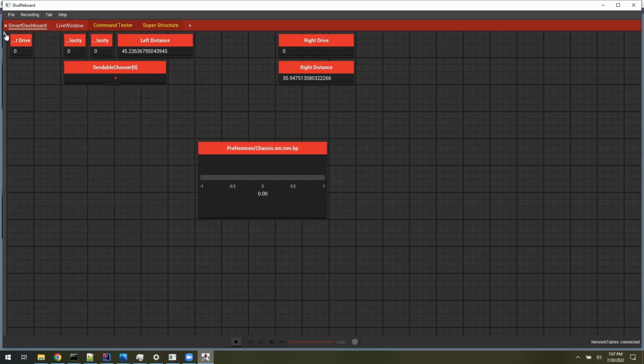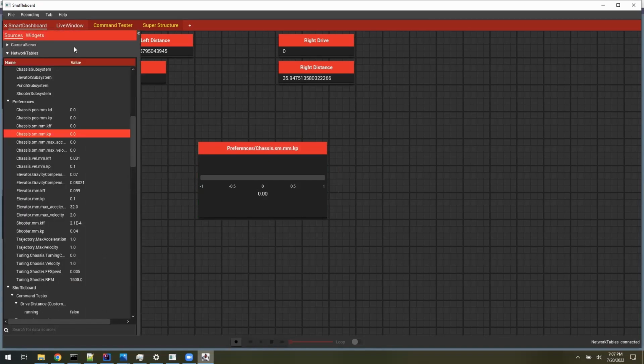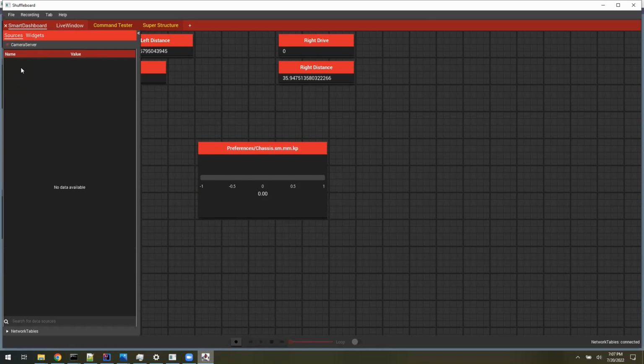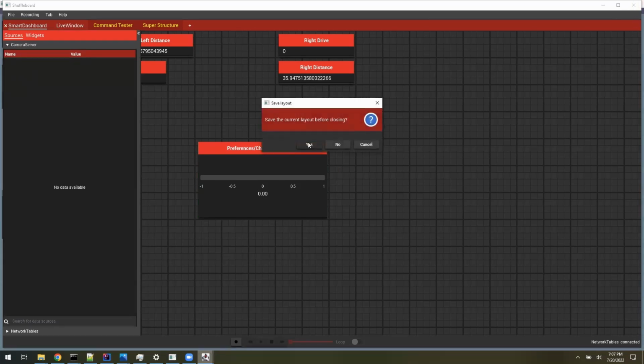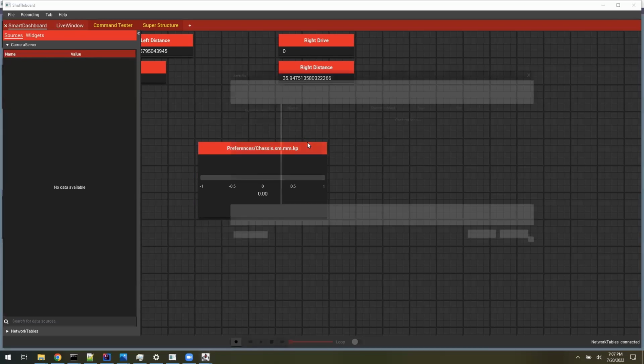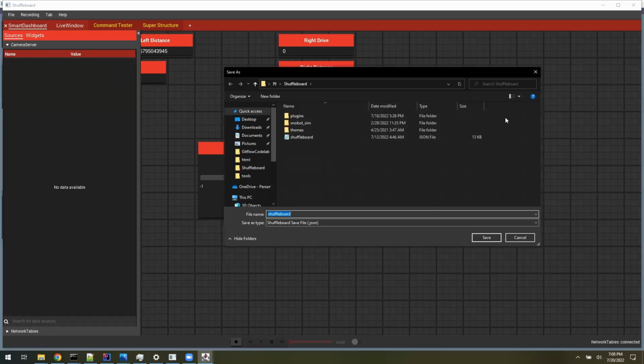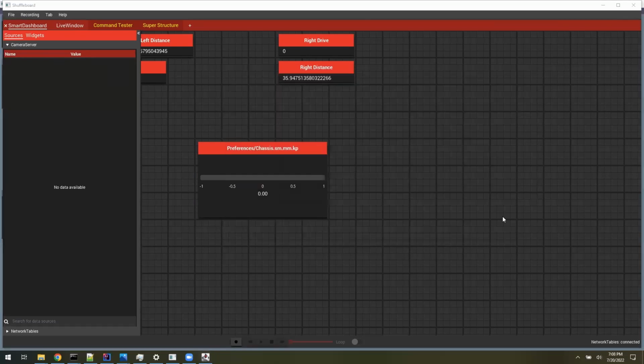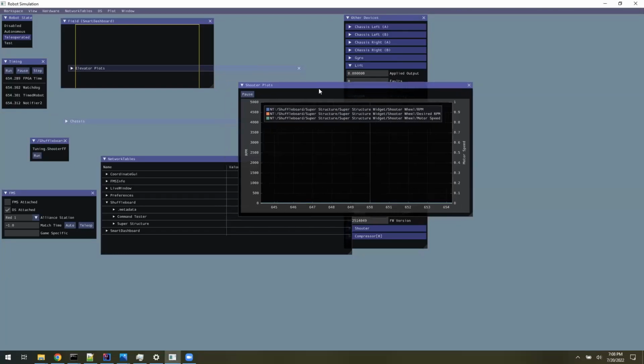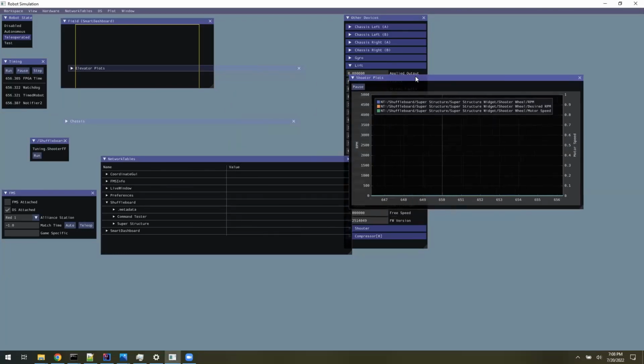So long story short, Shuffleboard's super handy. And Shuffleboard can display camera feeds. So if I had a camera hooked up, like a Limelight, I can drag my Limelight over here and now I've got a camera feed. It's very resource heavy, so I'm going to shut it down. You can save your settings so it persists to the next time around. But we're going to stick with Glass.